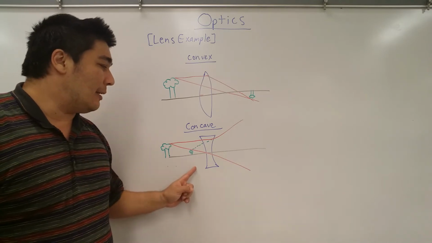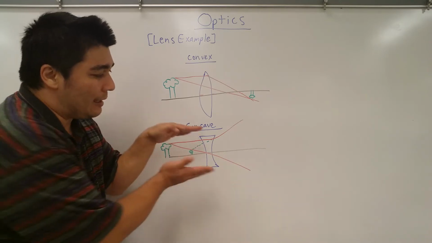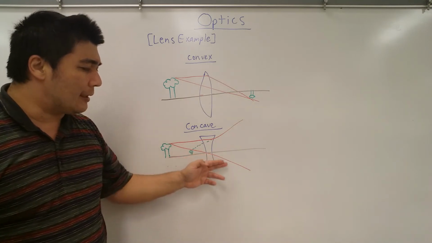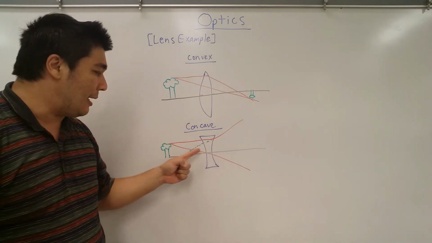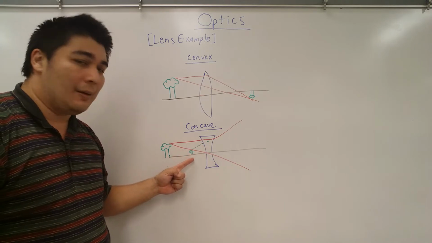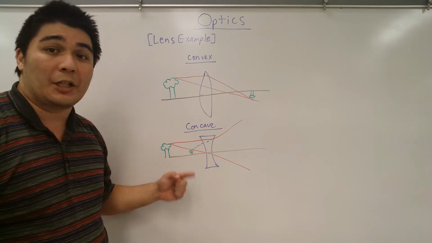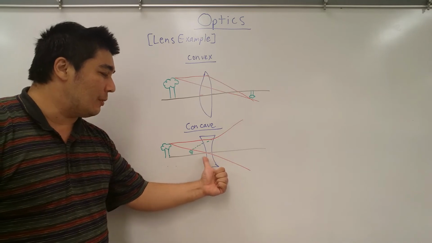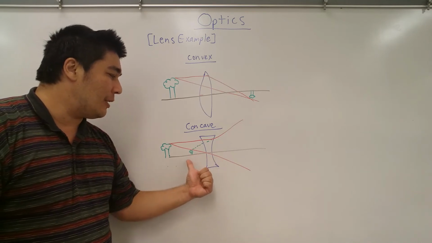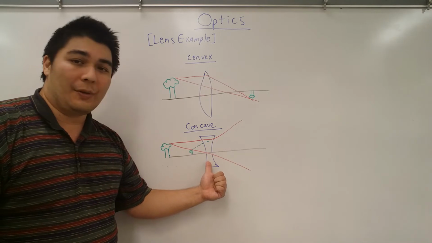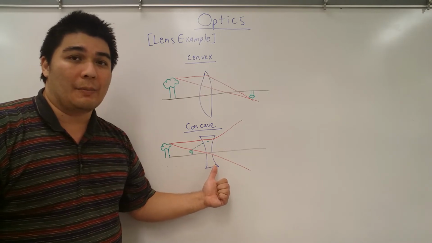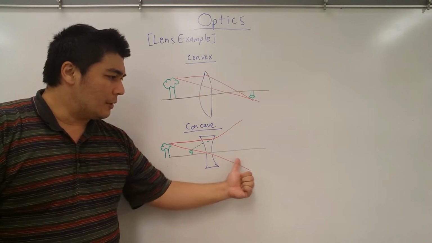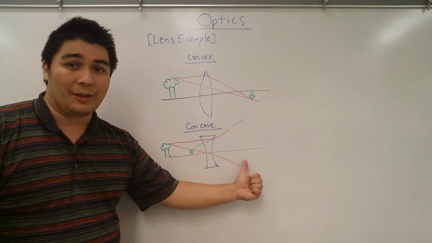Same thing with the concave lens, except that because the light is diverging, the image has to track backwards through the lens, so the image distance will actually be negative, because the image is being projected to the left of the lens, whereas a positive distance for an image is to the right of the lens.